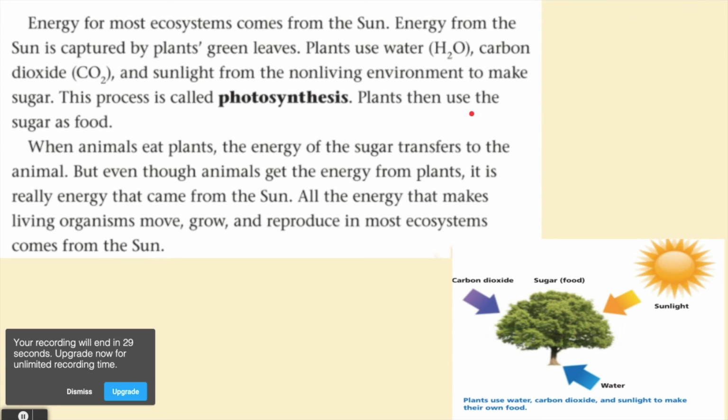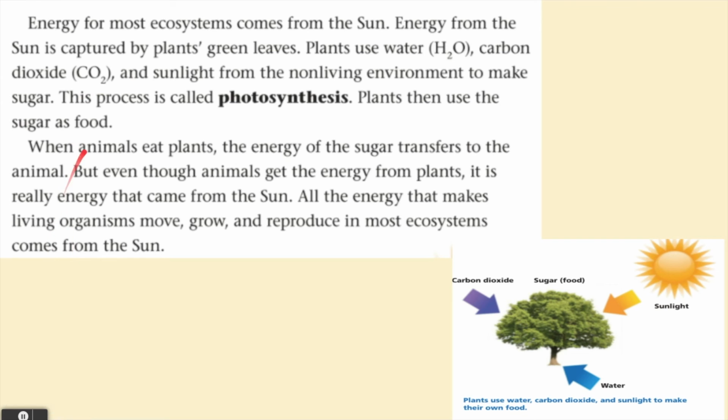Plants then use the sugar as food. When animals eat the plants, the energy of the sugar transfers to the animals. But even though animals get energy from plants, it is really energy that came from the sun. All the energy that makes living organisms move, grow, and reproduce in most ecosystems comes from the sun.